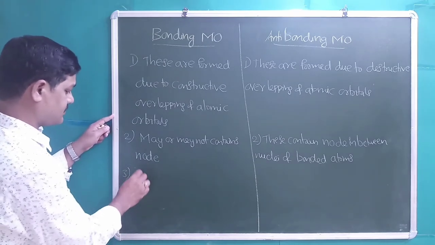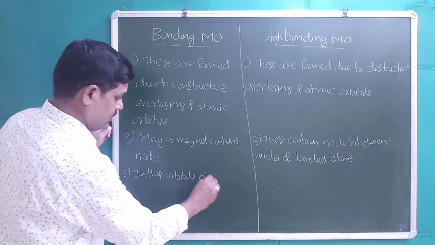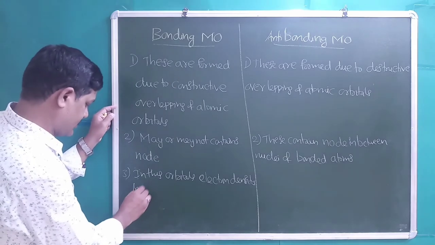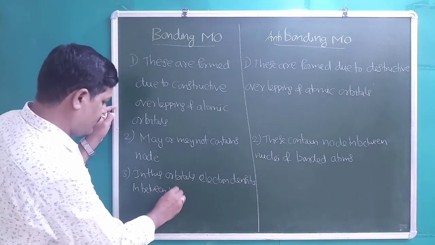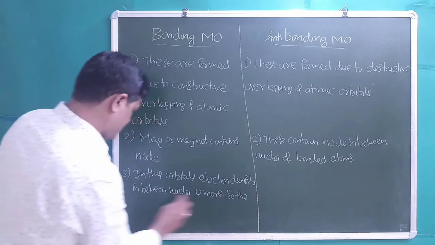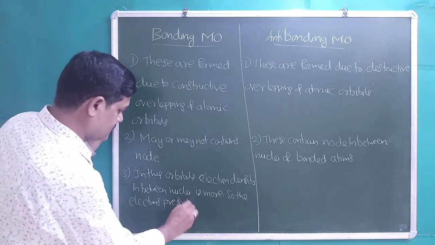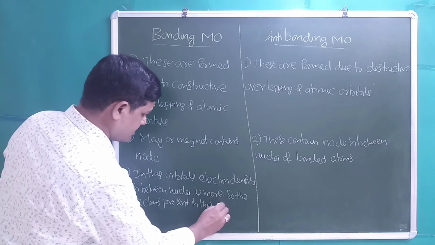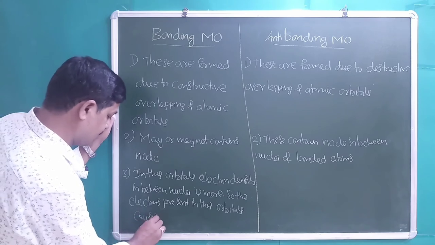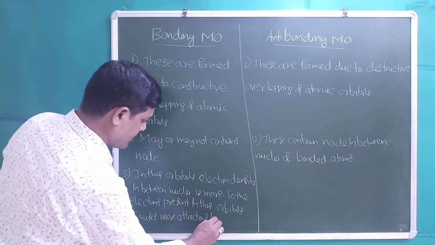In bonding orbitals, the electron density in between the nuclei is more, so the electrons present in these orbitals cause more attraction between the atoms.